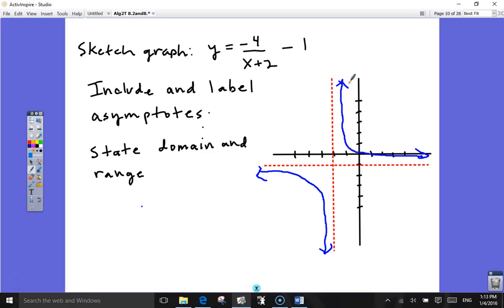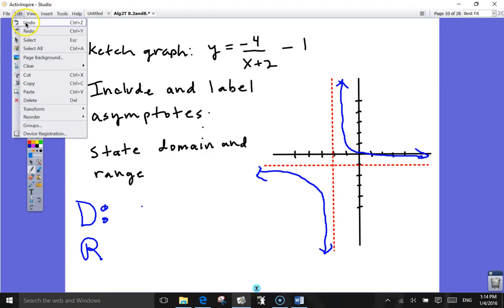There you go. Oh, I did that in exactly the wrong spots too, didn't I? I've got to do that again. Edit, undo, edit, undo. And mess that up completely.